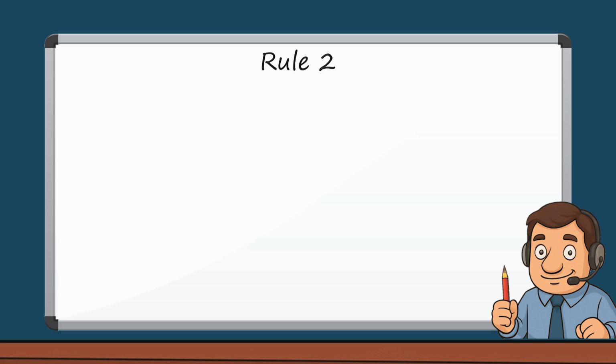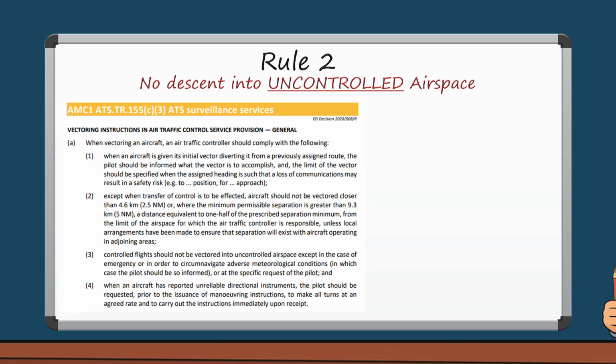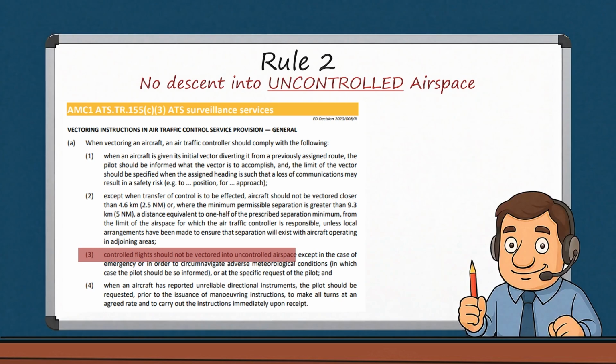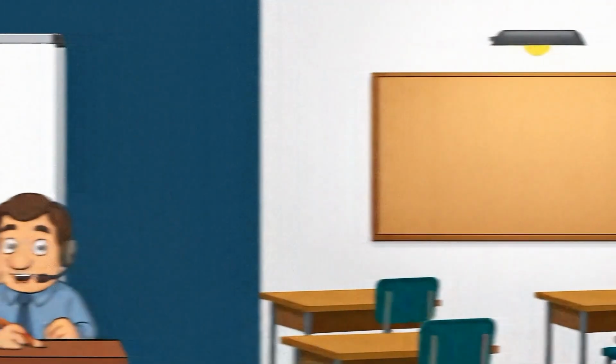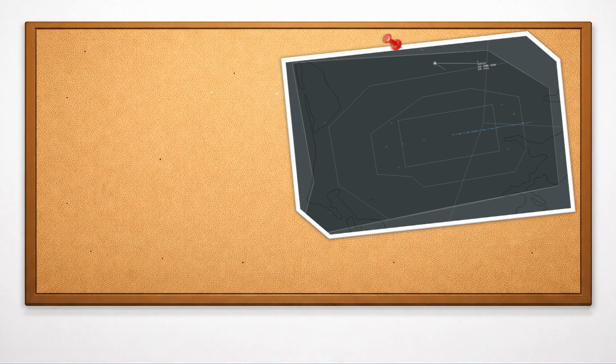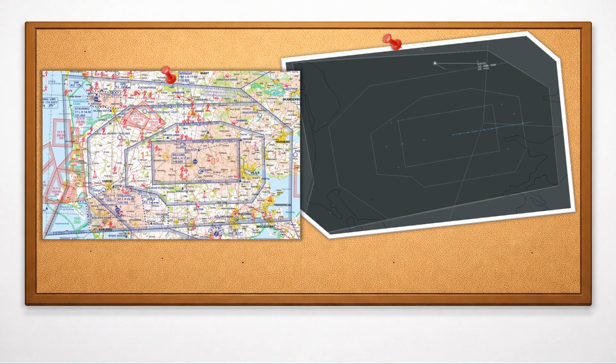Rule number 2. You may not descend into uncontrolled airspace. Controlled flights must remain inside controlled airspace at all times, meaning you must know just a little bit about the confines of your airspace. Uncontrolled airspace. Class Charlie goes up to 3,500 feet, meaning above 3,500 feet you are safe no matter what.